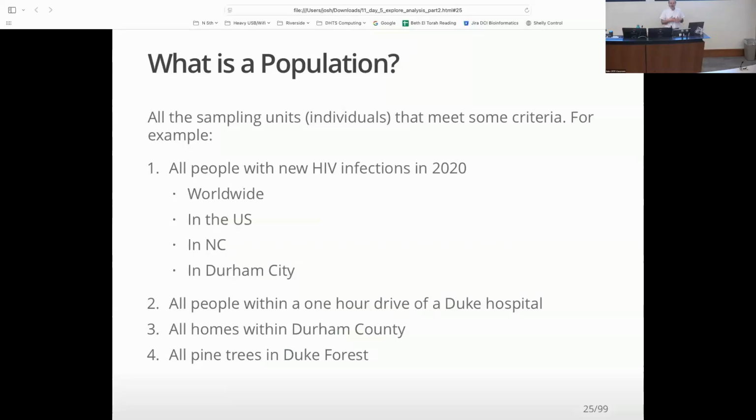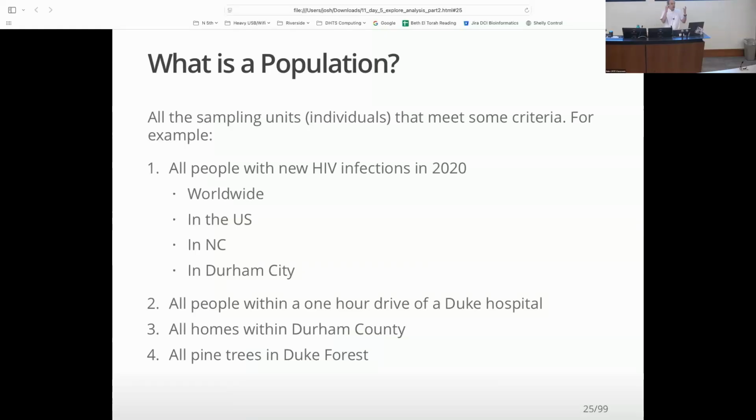It's all the individuals, or again, for a technical term, sampling units, that meet some criteria. And when I say individuals, you can think of that as human beings, but it doesn't have to be human beings. It can be bacterial cells, or cartons of ice cream, or cars, or planets.